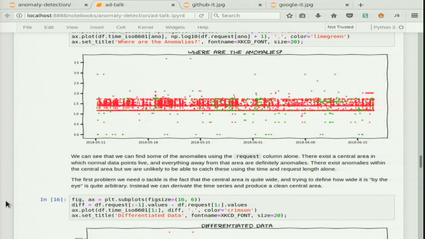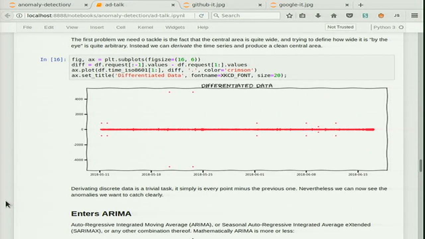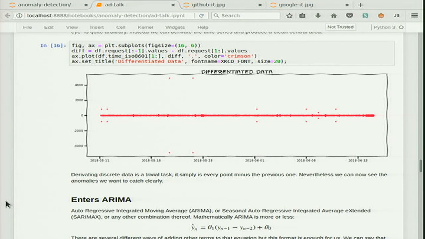So we differentiate this, and it looks like this. Differentiating data is trivial. You literally take the value of today minus the value of yesterday, or the previous point. You don't need any complicated maths when the data is discrete. And it is mirrored.